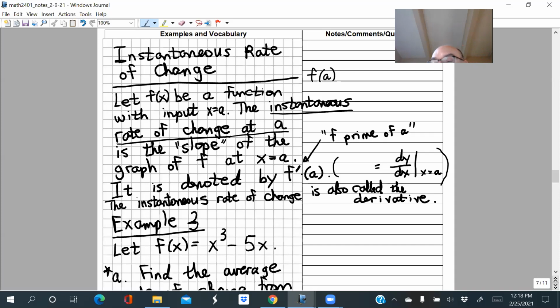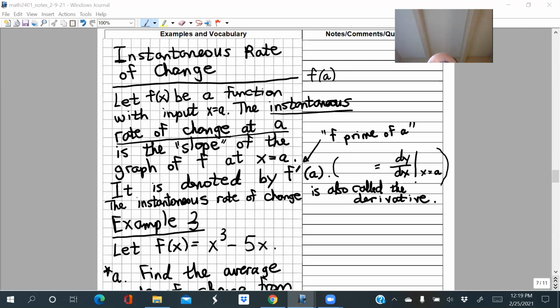Now, unfortunately, I have to show you one other piece of notation. Calculus has been around for a long time, but function notation has not been around as long as calculus has. So we have some old-fashioned notation also for instantaneous rate of change. Here's the old-fashioned notation. You would write d, and then whatever your output variable is, so usually that's y. And then you write this as a fraction over dx, d and then whatever the input variable is.